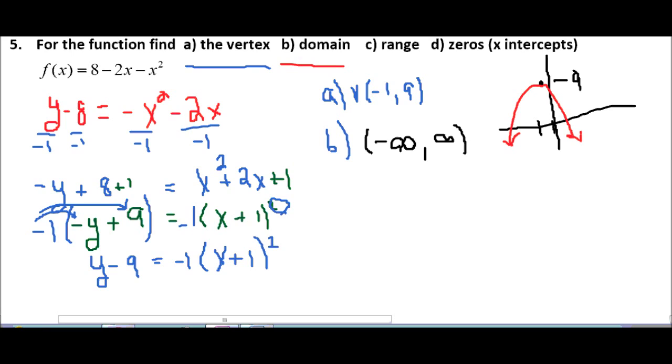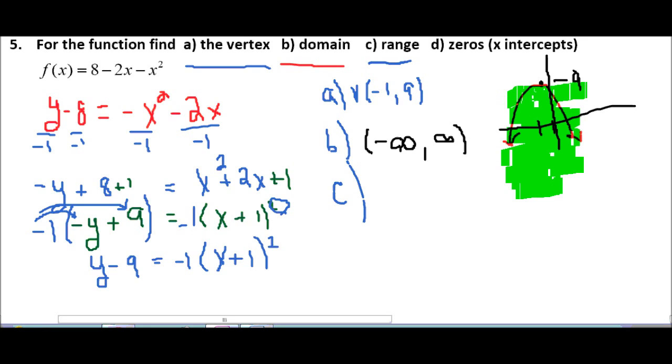Now let's talk about the range. The range happens when you follow the graph from lowest to highest. Remember, this graph is going down forever, so if I start from low and work high, I'm starting at negative infinity. And how high does my graph go? My graph does not go past this y value of 9.